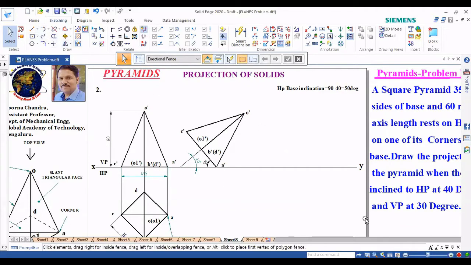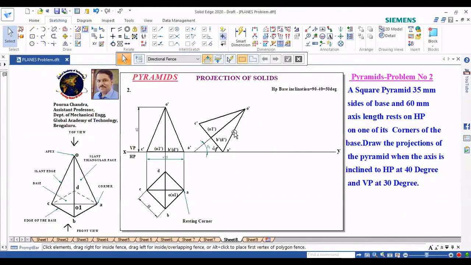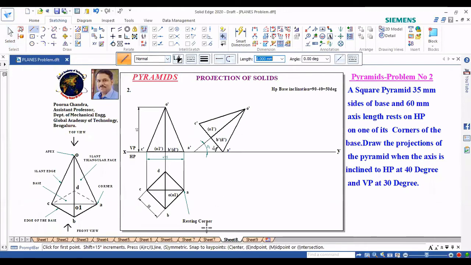Next, how will it look from the top view? We need to draw the top view here, so we shall project this downwards. First I'll project this point A, and that is done, and I have C till here itself, C is done.